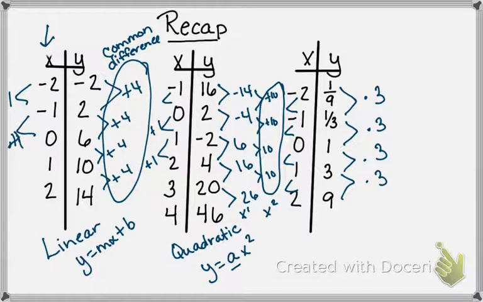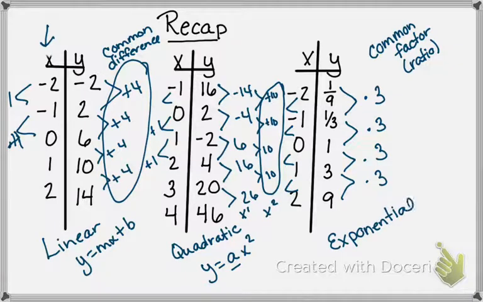So this is called a common factor or common ratio. And when we have a common ratio, we know this is exponential. So this is our y equals a, where our exponent is unknown. So this is a recap. This will help you kind of understand where we're going with sequencing.